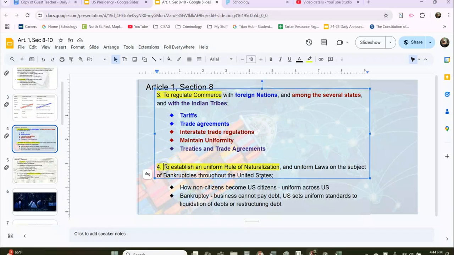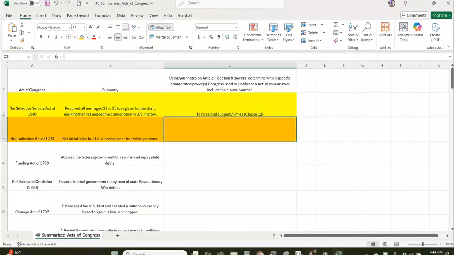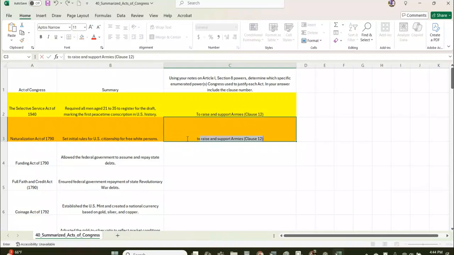So I'm just going to say to establish a uniform rule of naturalization, clause 4. To establish, oops, you can see I'm having a problem, a uniform rule of naturalization, and then I'm going to go clause 4, and that's my answer.